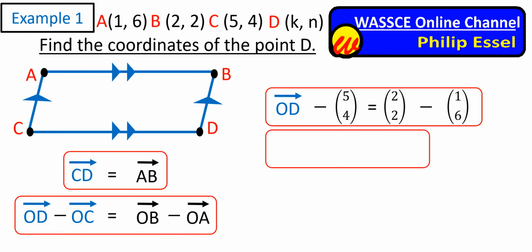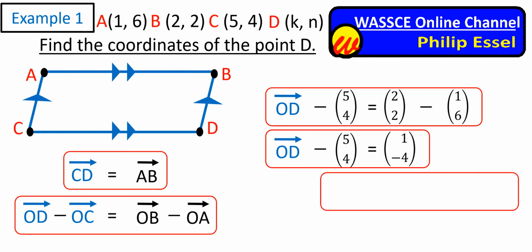So this would give us our vector OD minus our vector OC, which is 5, 4, equals the vector 1, negative 4. And remember, we got 1, negative 4 by subtracting the vector 1, 6 from the vector 2, 2.